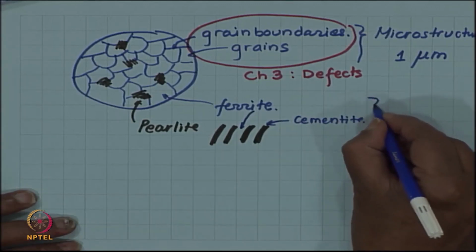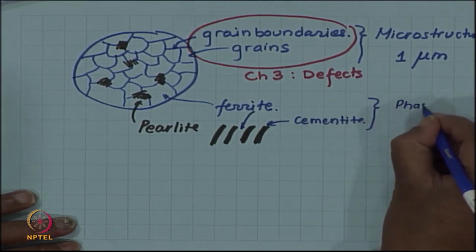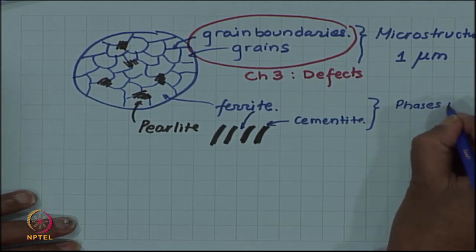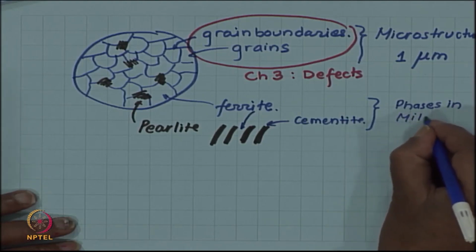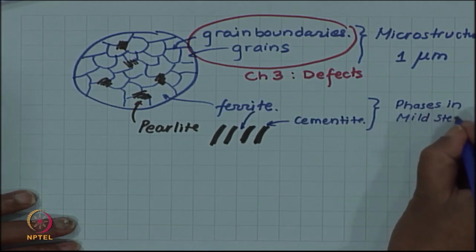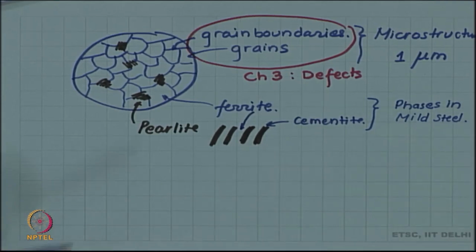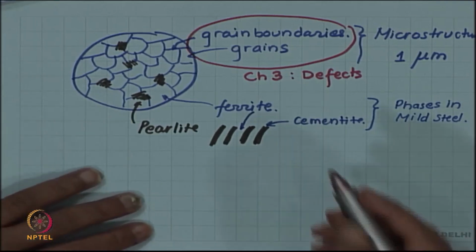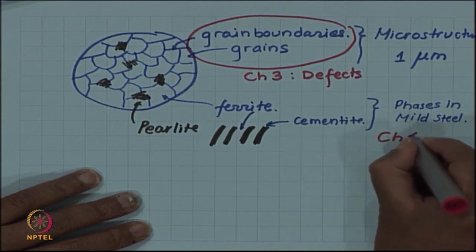Ferrite and cementite are the so-called phases in mild steel. We will learn about these phases in the topic called phase diagram, which is our chapter 4.